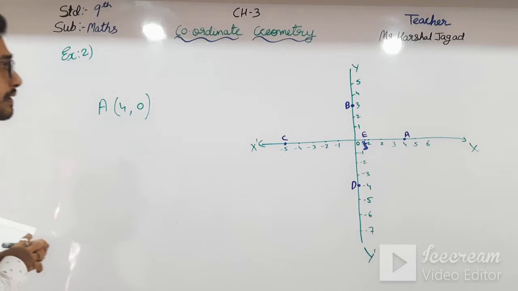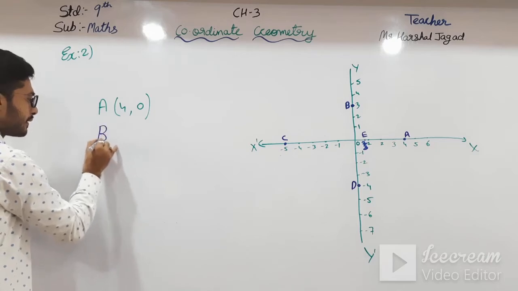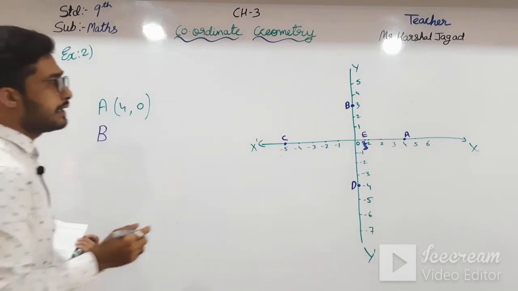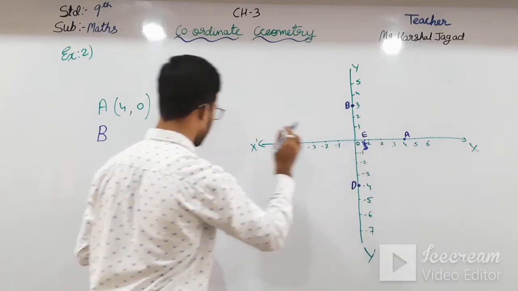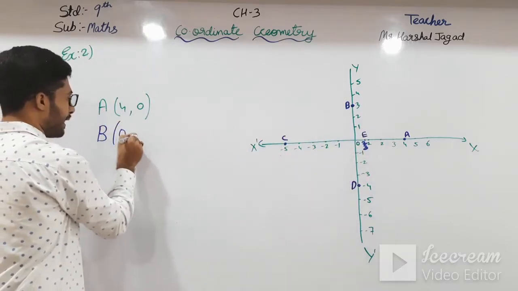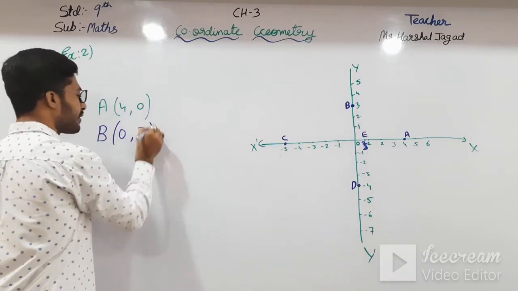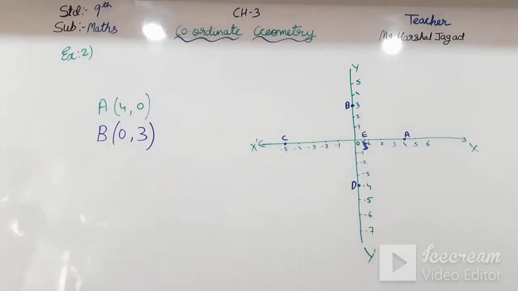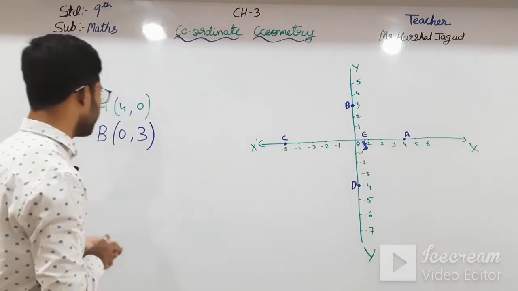Now moving towards point B. See here, point B: in the x coordinate it is 0, and in the y coordinate it is 3. So it should be written as it is. Now moving towards C, how can we write the coordinates of C?